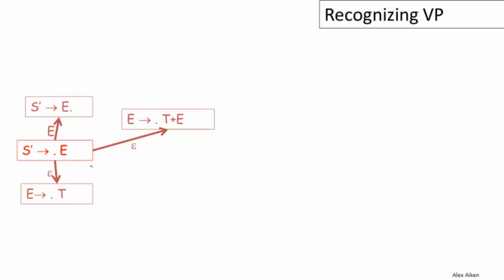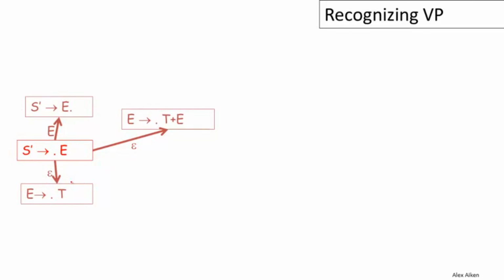And now notice how we're crucially using the power of non-deterministic automata. So here we don't know which right-hand side of a production is going to appear on the stack. And in fact, notice that these productions are not even left factored. So we don't know whether there's going to be just a T there or a T plus E. But we just use the guessing power of the non-deterministic automaton. Let it choose which one to use.